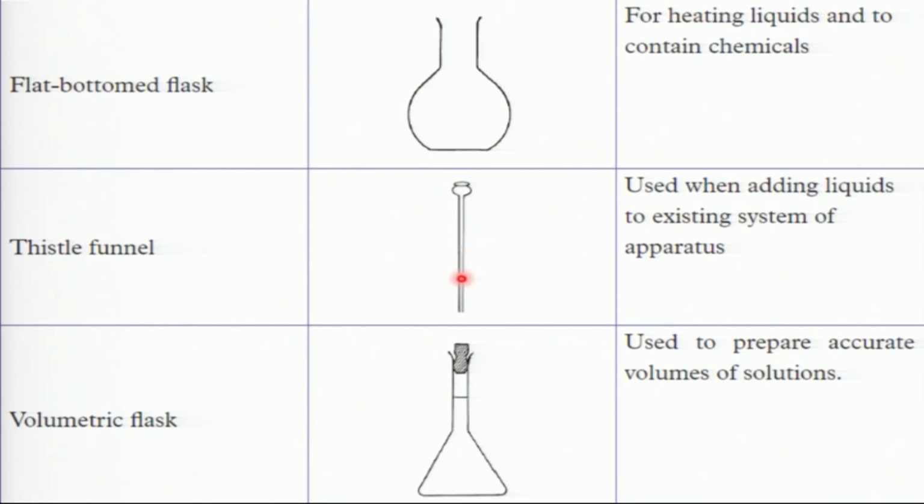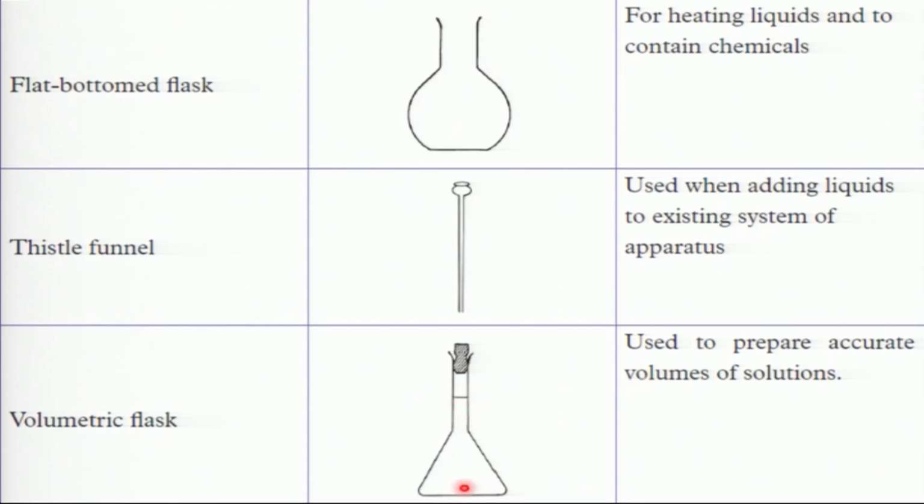All right? So what is this? This is a volumetric flask. The volumetric flask is used to prepare exact volumes of solutions. So specifically when we are doing titration, normally with this one you find they measure in liters. Where there is this mark here, it indicates a liter.